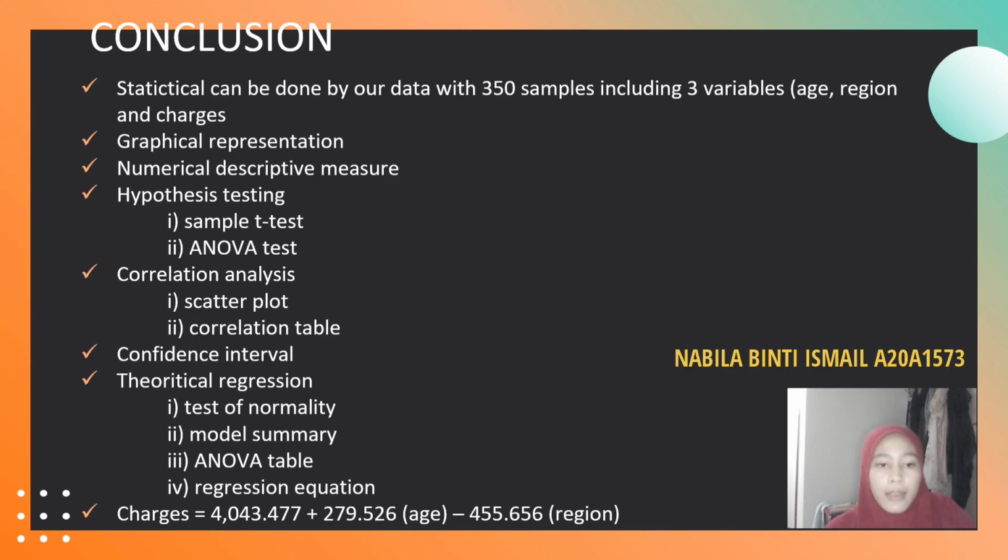Last but not least, from the SPSS output of coefficients, we got the equation: charges equal to 4043.477 plus 279.526 age minus 455.656 region.